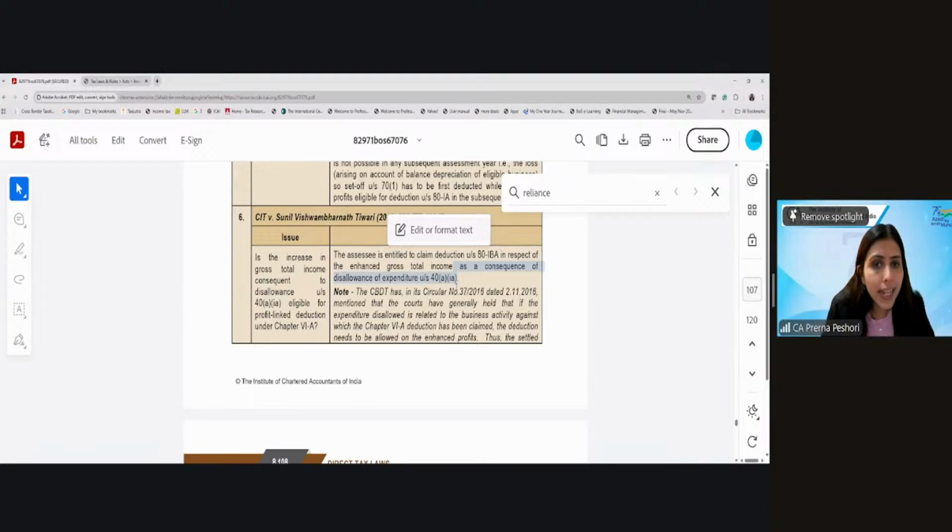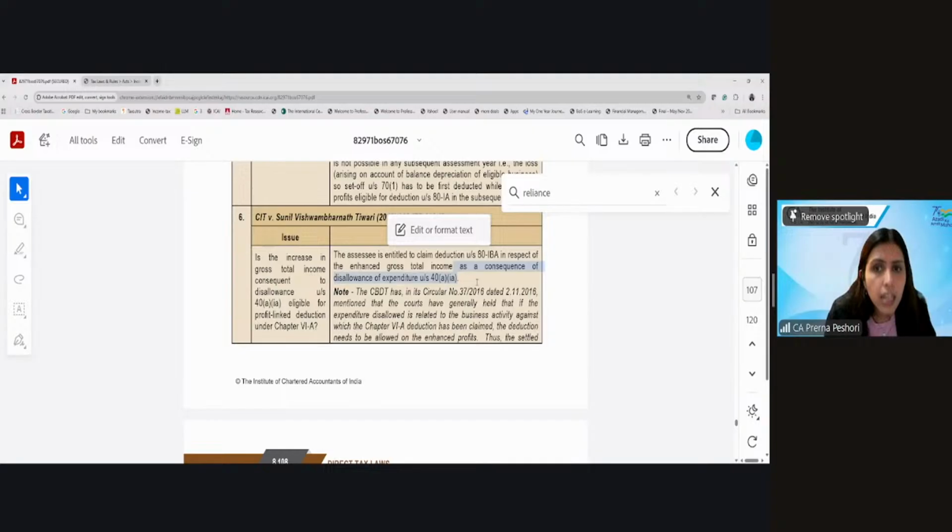I have incurred it. So if you are adding up my profit because of some non-compliance, you should give me the deduction, because the deduction is to incentivize the business.